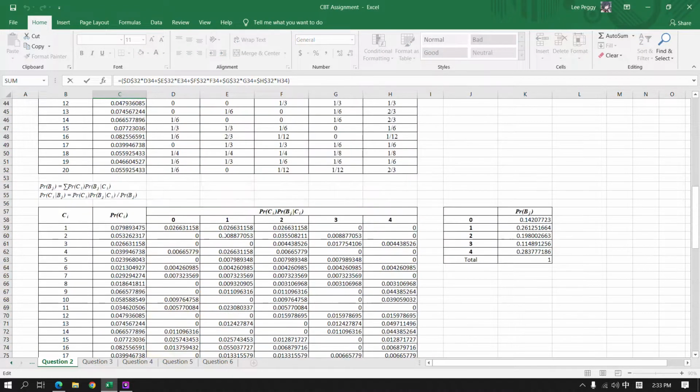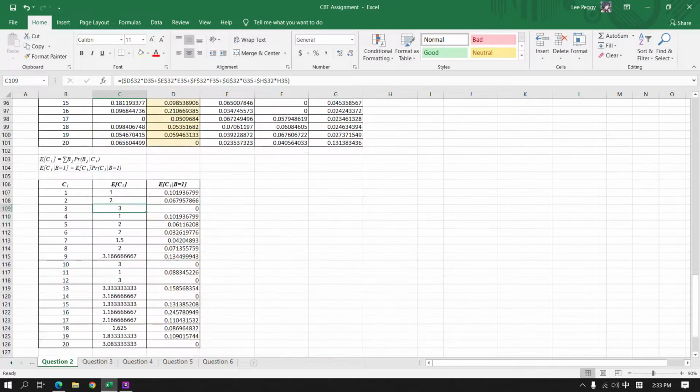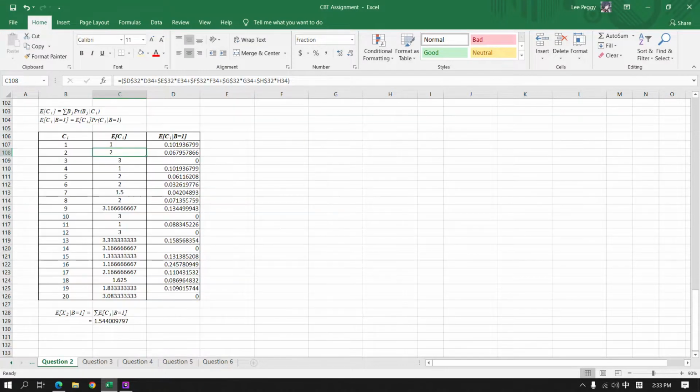Similarly for the others: if it's class 2, we multiply by the probability of Bj given Ci for class 2, and do each one respectively, and then we get all the values here.